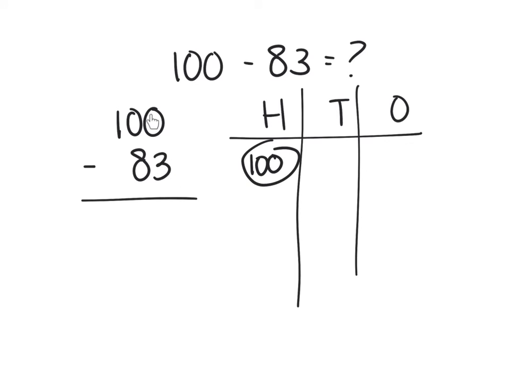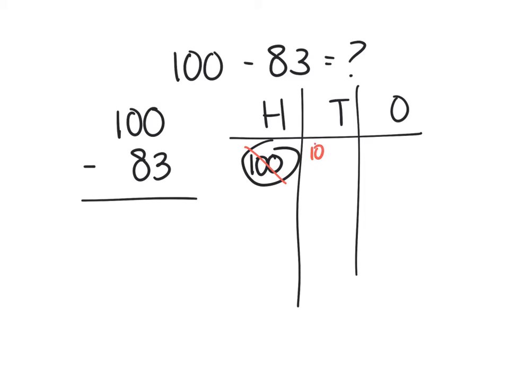So instead of showing it as 100, maybe I need to break down my 100 into tens and ones, because those are the place value spots that I have to take away from. I have to take away 3 from 0, and I have to take away 8 from 0 tens. So it just makes sense that I'm going to have to break apart this number. So I'm going to break apart my 100 into my tens place.